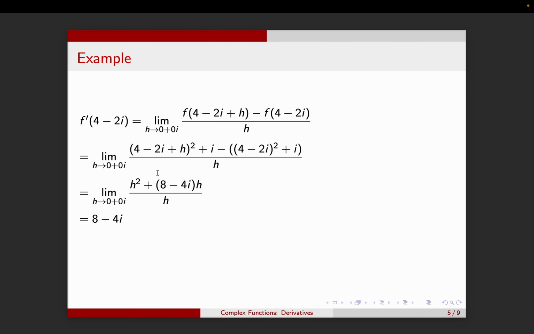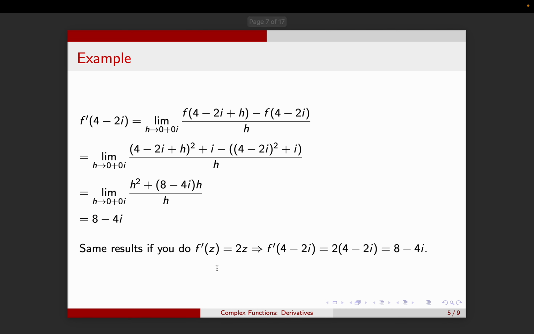If you expand out that numerator, you get this, and then you can cancel h there, h there, h there. And when you substitute in 0 plus 0i for h, you're left with 8 minus 4i. And there you go. The derivative of z squared plus i at 4 minus 2i is 8 minus 4i.